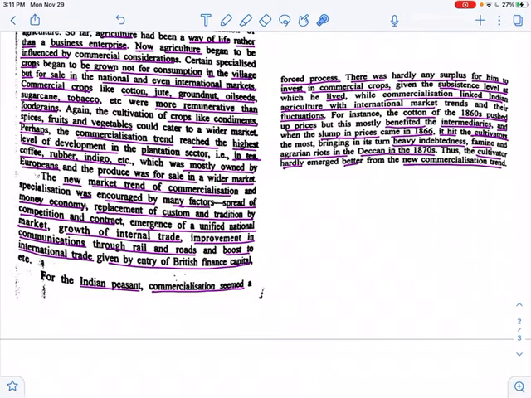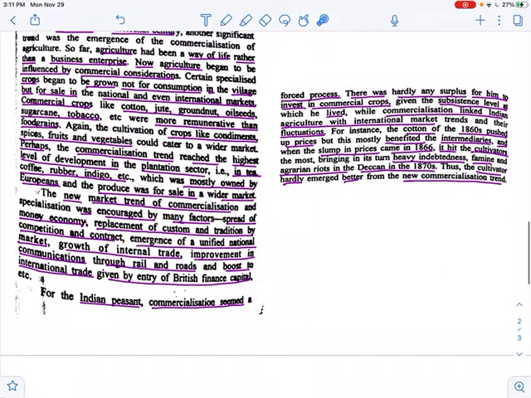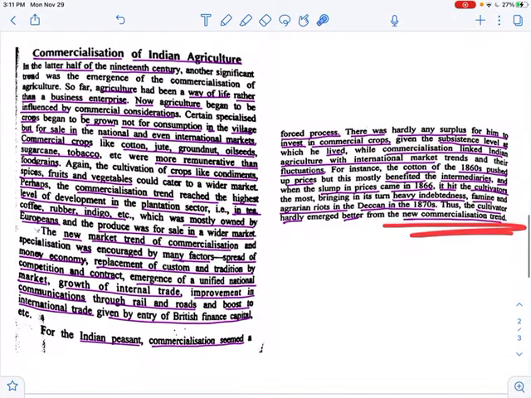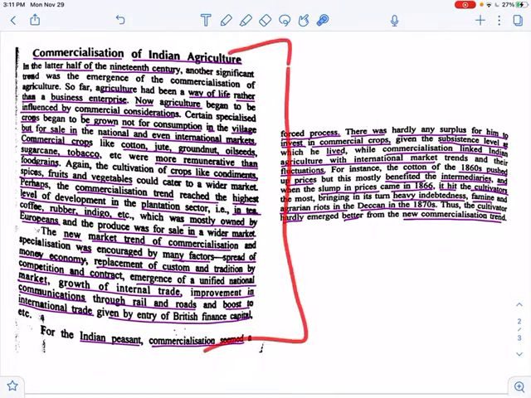And as a result of all these issues, the Deccan witnessed agrarian riots in the 1870s. So we can clearly see that cultivators were not beneficiaries of this commercialization trend of our Indian agriculture. So that's about the commercialization of Indian agriculture. Thank you.